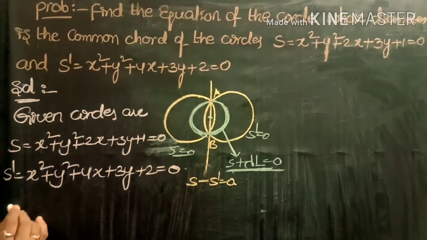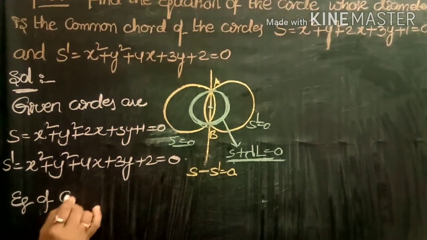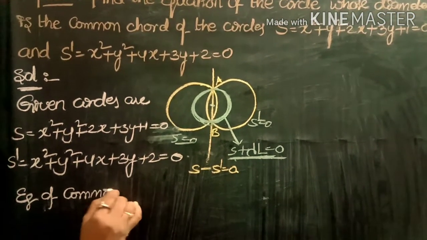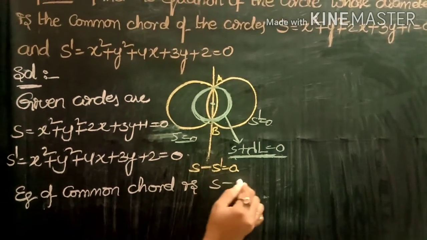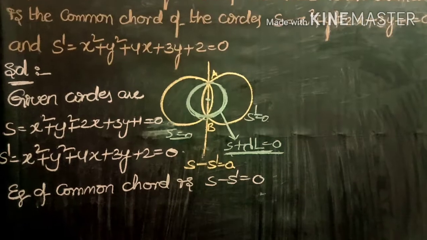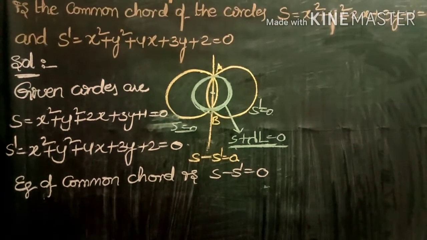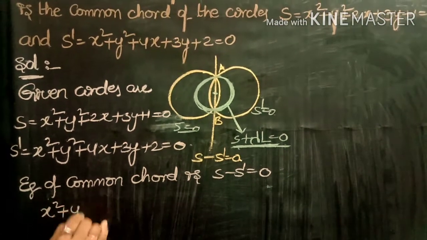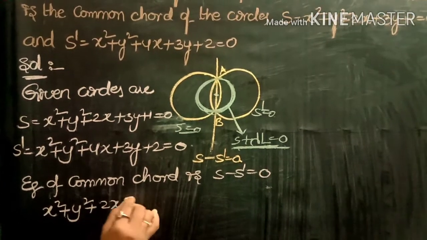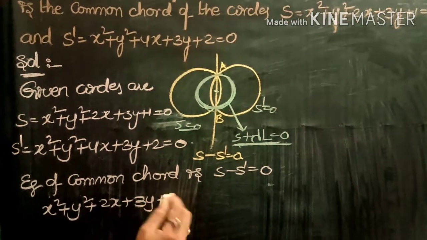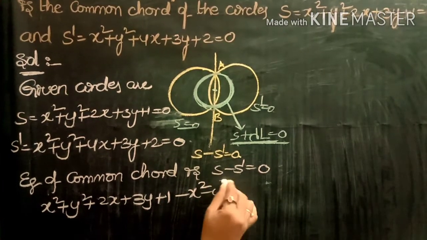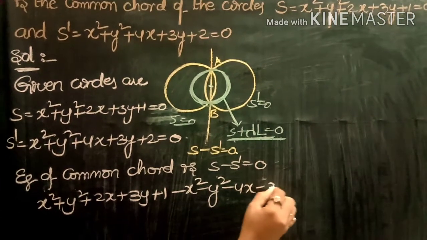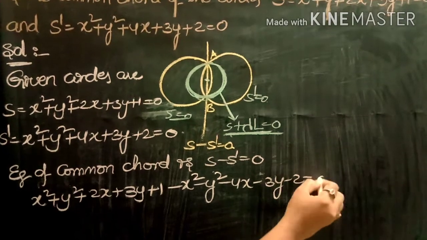Next we find the common chord equation. The equation of the common chord, the formula is S minus S dash equal to 0. That is, x square plus y square plus 2x plus 3y plus 1, minus all the values of S dash: minus x square minus y square minus 4x minus 3y minus 2 equal to 0.